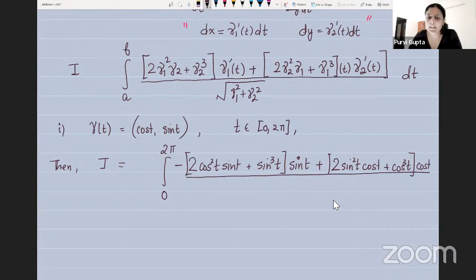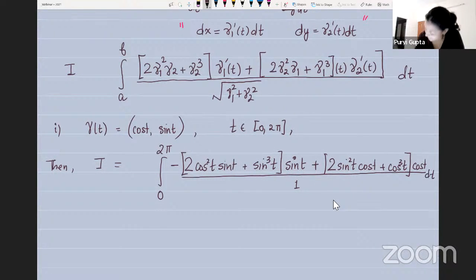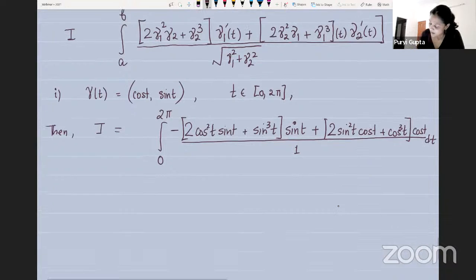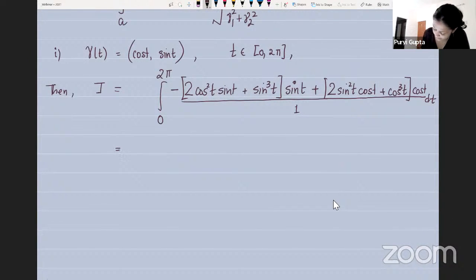Now the denominator is very convenient because cos² plus sin² is equal to 1. So I actually don't need a denominator. And then there is a dt over here, for which I'll create some space. Okay, let us simplify this to whatever extent we can. Let me see what all I can take common.